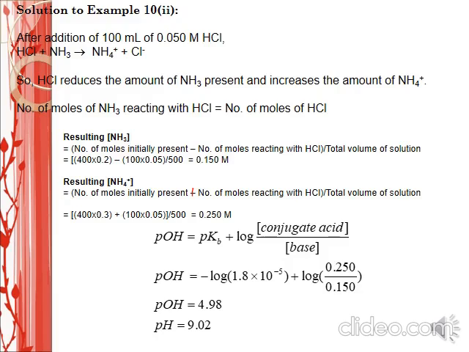So 400 volume of buffer times concentration of conjugate acid, plus 100 ml of 0.05 molar strong acid, over the total volume 500. So this would be the new concentration for the conjugate acid. Then you substitute into the Henderson-Hasselbalch formula. Because this buffer was made from weak base, we use pOH and pKb. Then we minus from 14 to get pH.